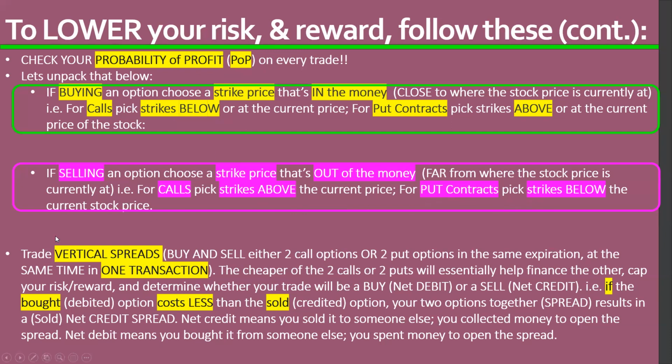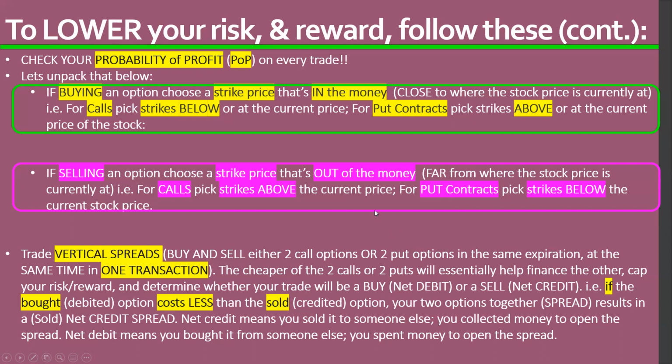But another thing you can do to lower your risk, and this is how I teach beginners to trade, is to trade vertical spreads. A vertical spread is you basically buy and sell either 2 call options or 2 put options.